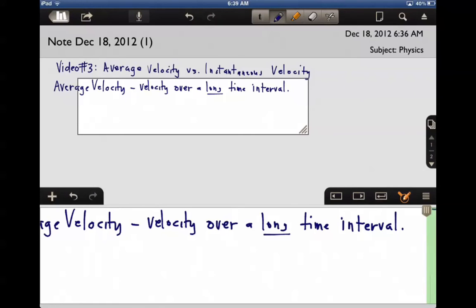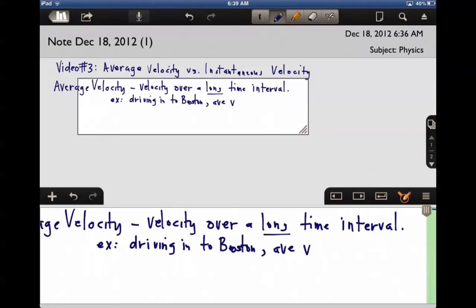So, for example, if I drive into Boston, my average velocity is probably about 30 miles per hour.